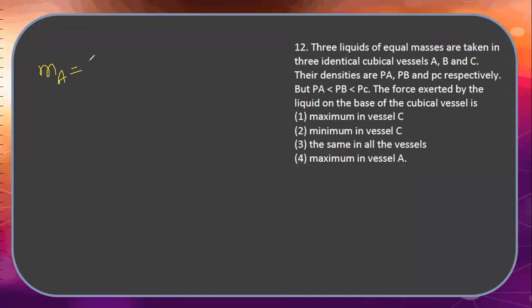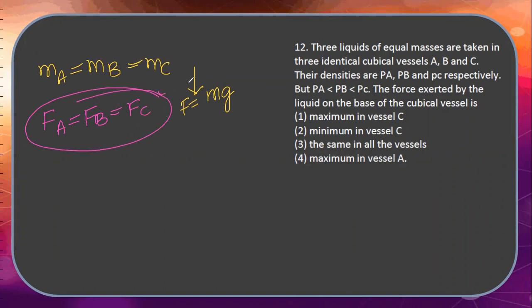Mass of A is equal to mass of B and mass of C. If masses are the same, then force experienced on them, force is nothing but the product of mass into acceleration due to gravity. So force experienced on the bottom will be FA equals FB equals FC. Forces experienced will be the same for all of them. Same on all the three is the correct option.